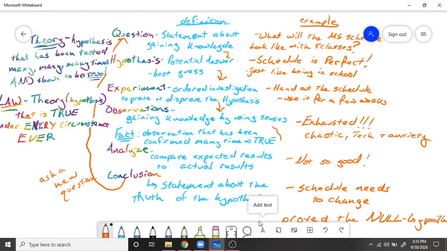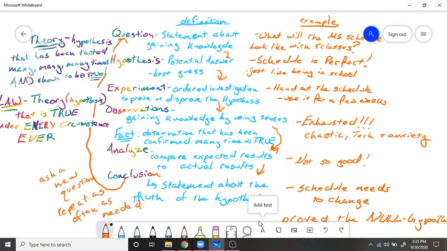I'm going to do a new analysis and generate a new conclusion, and I'm going to repeat as often as necessary. So I'm going to repeat as often as needed.